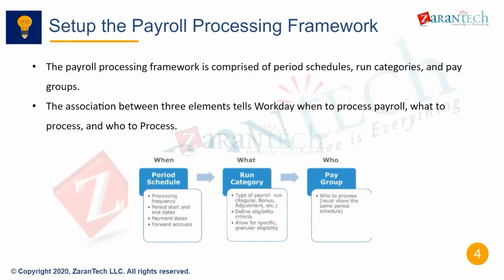After that, we moved on to run category. On run category, we just reviewed the first tab, which is called the general tab. Run category provides a mechanism to give information about what we want to process: which employee pool, which employee group, what earning codes and deduction codes, what pay component group, what will be my gross accumulator, what will be my net accumulator, and what kind of tax treatment I'm expecting.